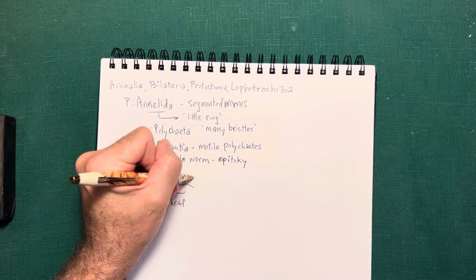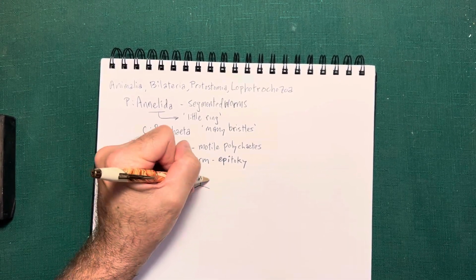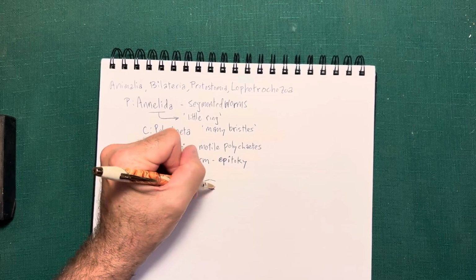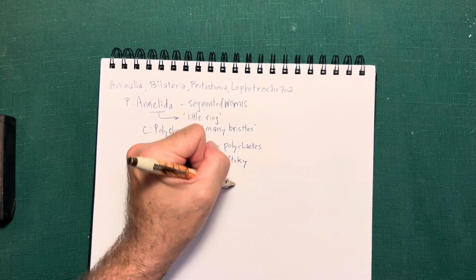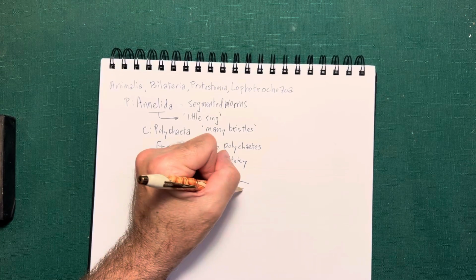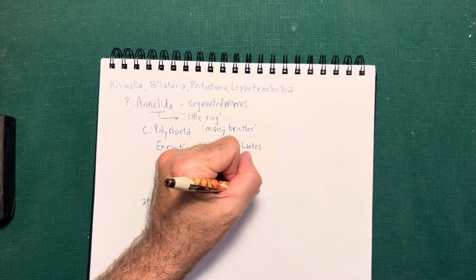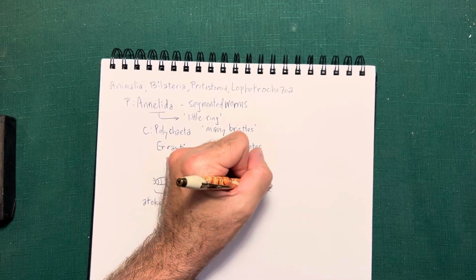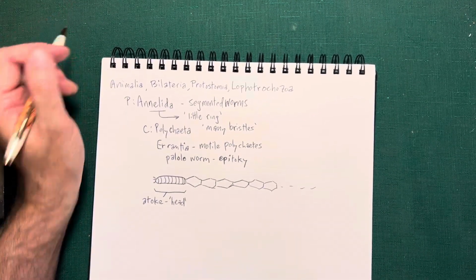And attached to the atoke, trying to draw them kind of as elongate hexagons because that's how I've been led to believe they look. And they just kind of go on and on and on.